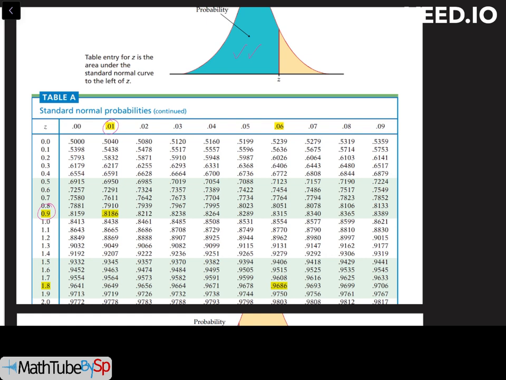The other reading was 1.86, so we look at 1.8 and 6. For 1.86, my reading is 0.9686, so my area is 0.9686.